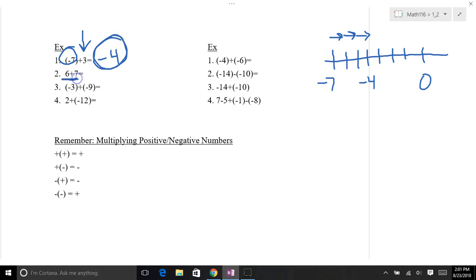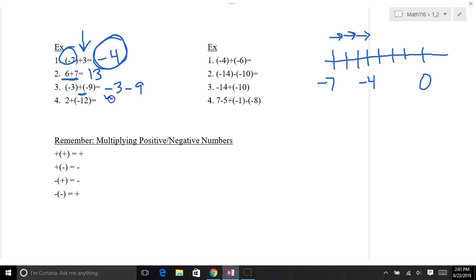Whereas the next one, both of these are positive, right? You're going 6 plus 7 more, you earn $6, you're adding 7 more dollars, you have $13. This next one, -3 plus a -9. I really don't like the double sign there. So what I do is I say, a positive times a negative is a negative right here. So this can simplify into -3 minus 9.